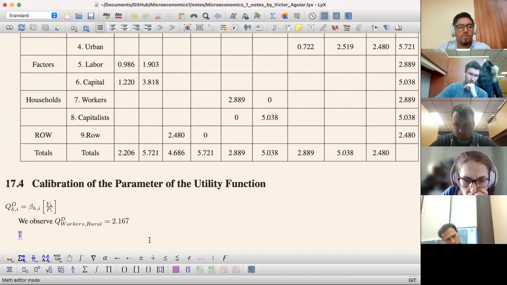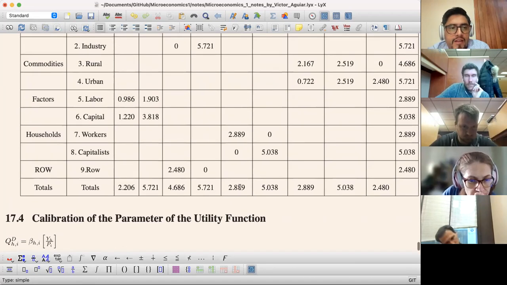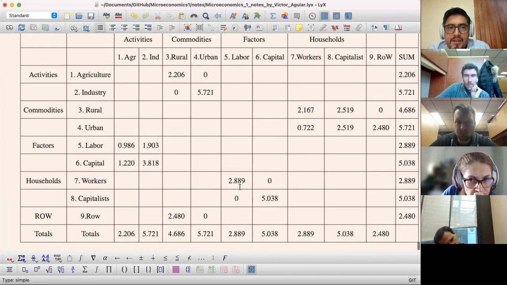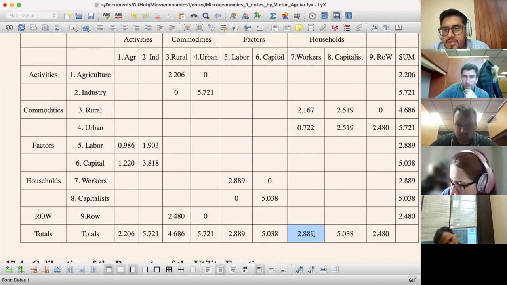Now, what is the income of the workers? Okay, so how do you find it? Remember that these are the payments, right? So households, you can see here, what are all the payments they receive, right? You can see from the side of expenditure, and you can see this is the total expenditure, which has to be equal to the total income, right?